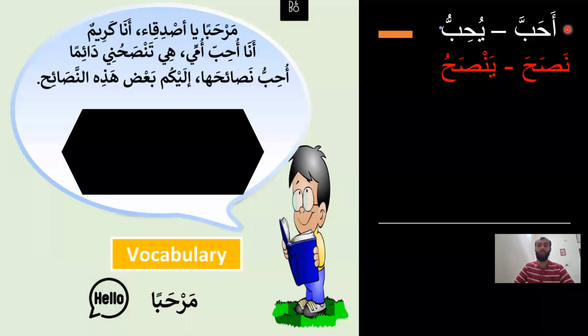Now there's a starting hamza, which makes it a little complex. It should be yu'hibbu, but the hamza is weak, so the hamza will disappear. So instead of yu'hibbu, it will become yuhibbu. Ahabba, yuhibbu. We skip the hamza completely. So what you need to pay attention to is that ahabba means he liked, past tense.